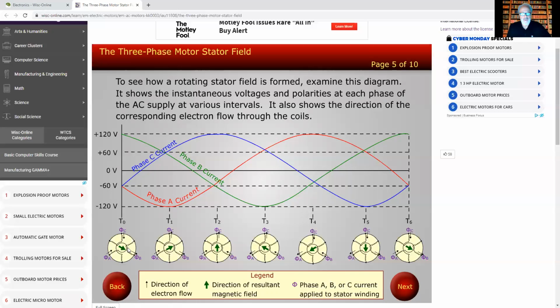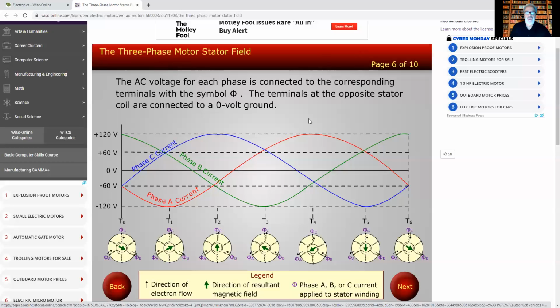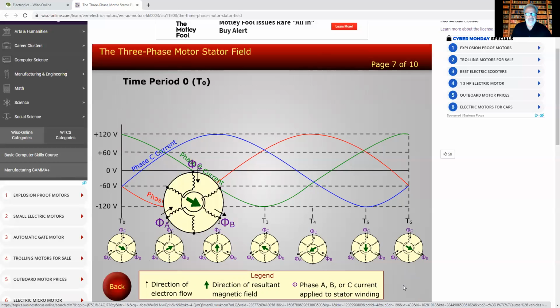Not that that's the most important thing right now, but what we can see is this rotating magnetic field across here as the three phases of electricity go through. The AC voltage for each phase is connected to corresponding terminals with this symbol. The terminals at the opposite stator coil are connected to zero voltage ground. You can see these representations of that.